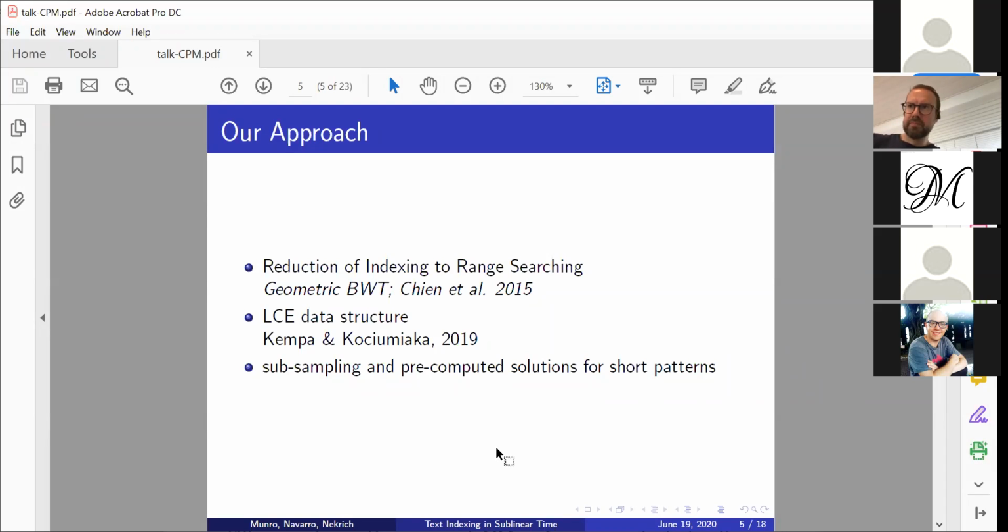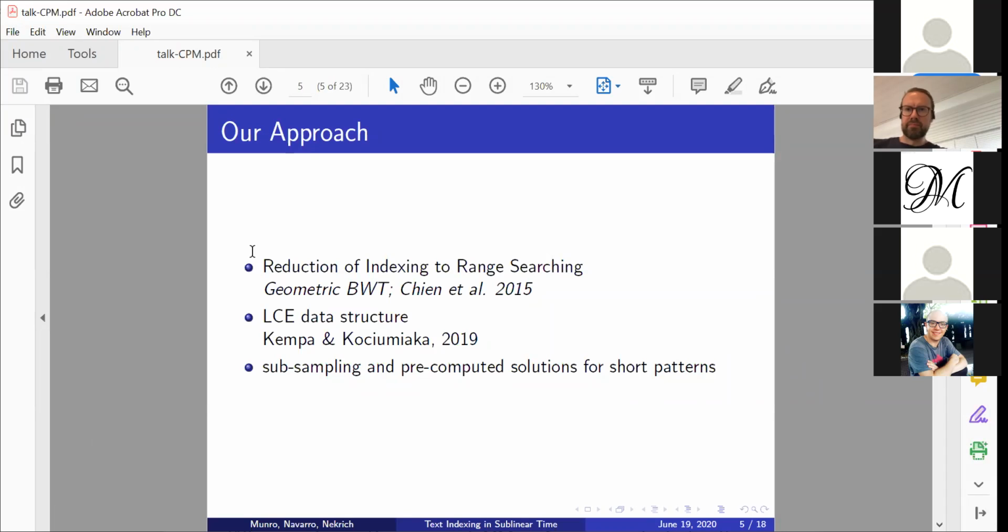We will use the optimal result from STOC 2018. And we also use a number of different techniques such as subsampling and precomputed solutions in the case when patterns are short. So we will combine all three techniques.